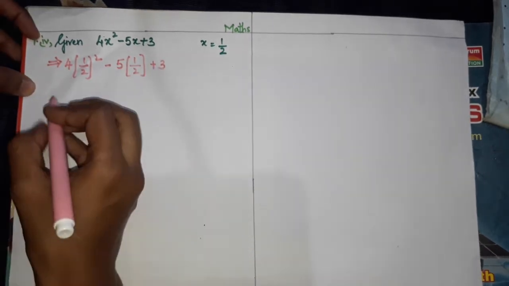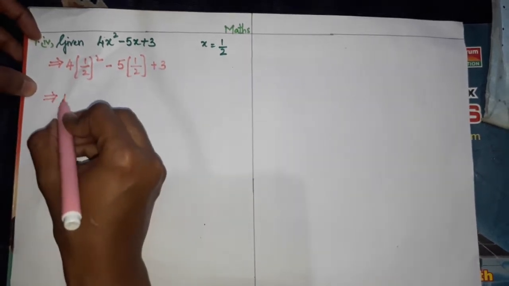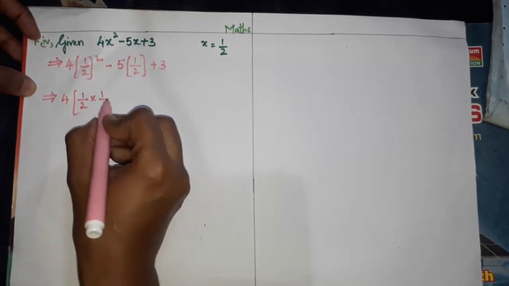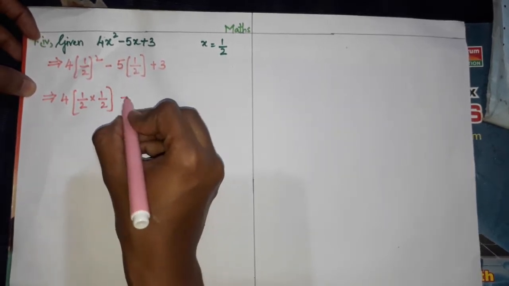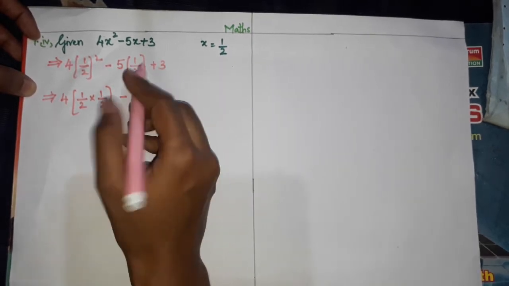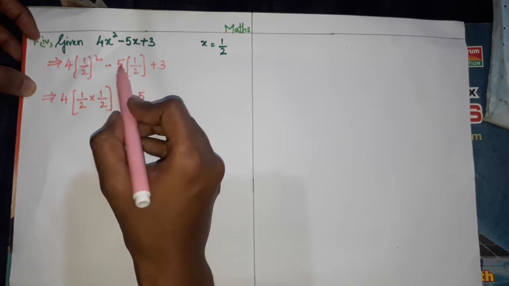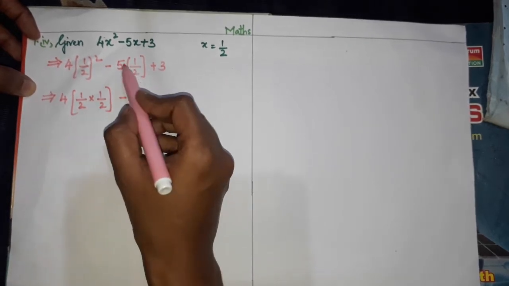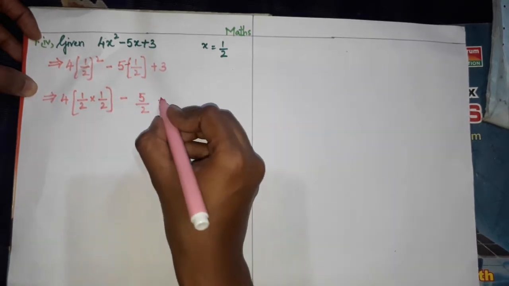Now 4 (1 by 2), we have to take 2 times. So 1 by 2 into 1 by 2, minus 5 ones is 5 by 2. You should not multiply 5 with 2 again. Only you have to multiply 5 into 1. That is, only the numerator you have to multiply. Plus 3.